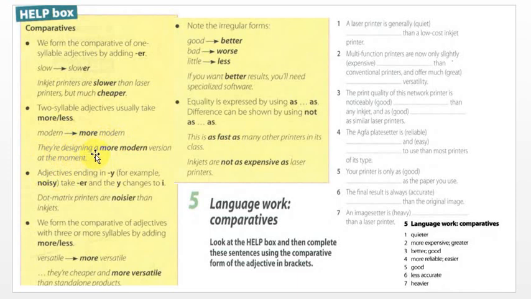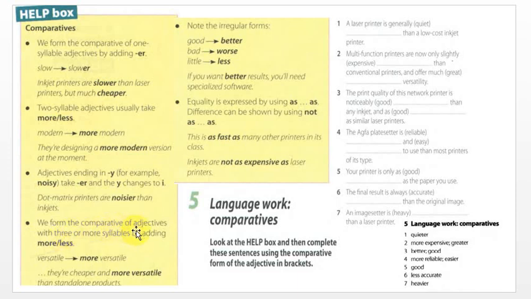For example, they are designing a more modern version of the model. Adjectives ending in y, for example noisy, take -er and the y changes to i. For example, dot matrix printers are noisier than inkjet. At first we have y. When we change it to the comparative, we change y to i, and after that we add -er.